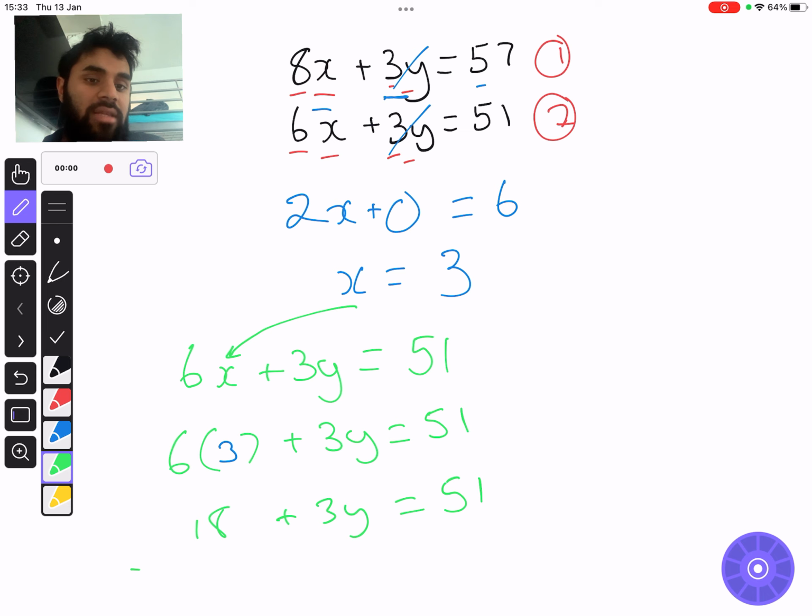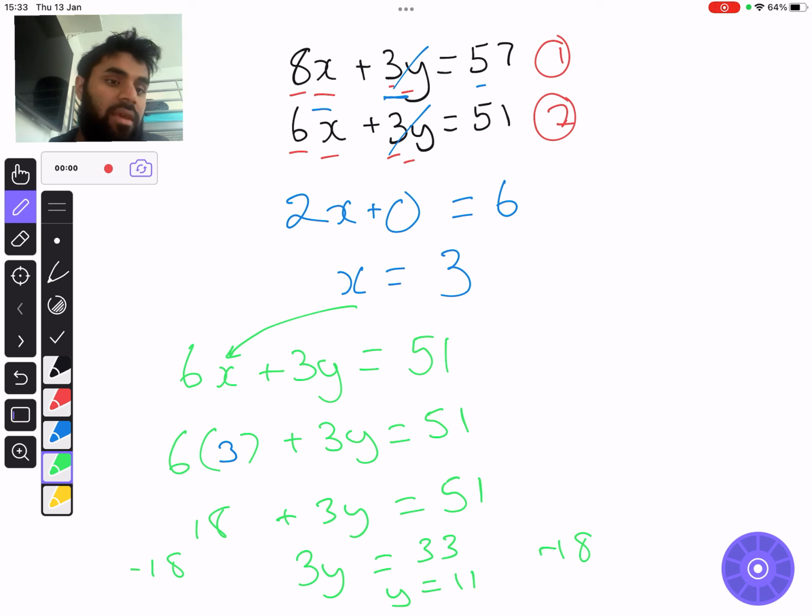If you minus 18 from both sides, 3y equals 33, and so y equals 11. And so that will be your answer: y equals 11, and x equals 3. As you can see, we found the answer to those two variables. Okay.